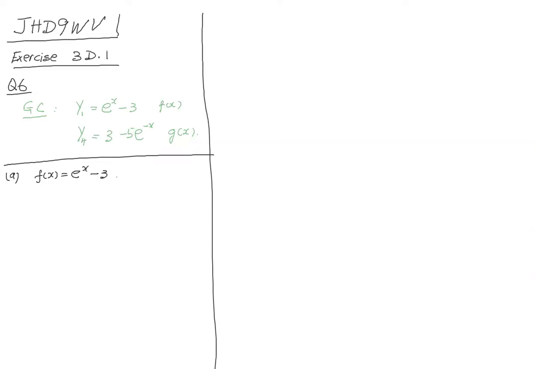So how to find the x and y intercept? This one everyone should know. To find the y intercept, x equals 0. f(0) is called the y intercept. So it's 1 minus 3, which is negative 2. Then when f(x) equals 0, this is to find the x intercept.